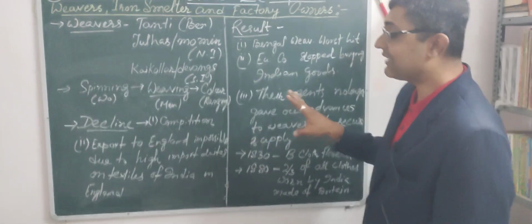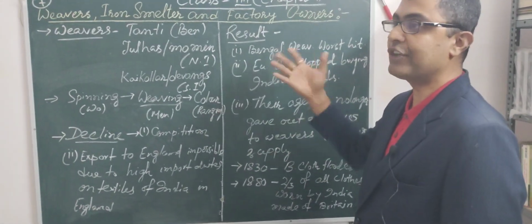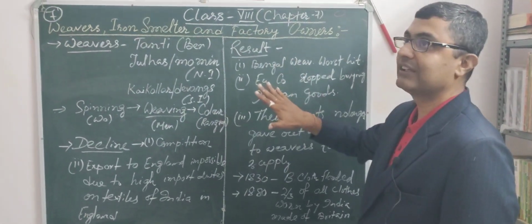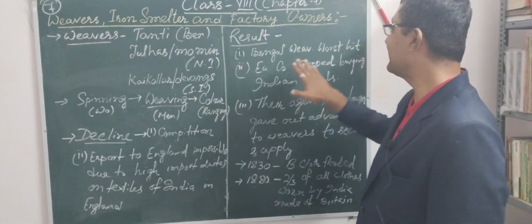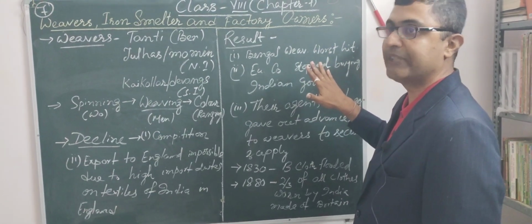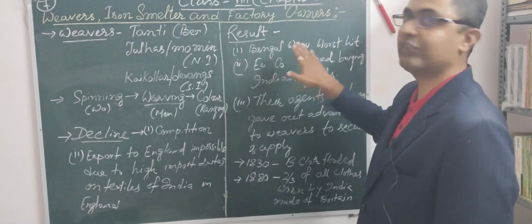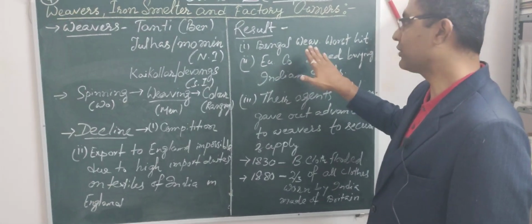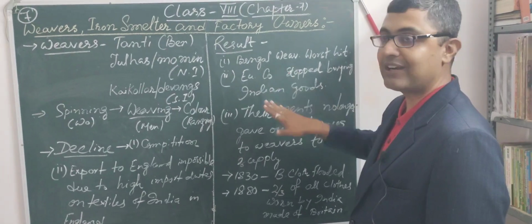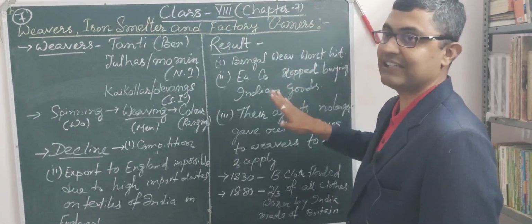Now, what were the results of this decline? First, the worst hit people were the Bengal weavers. The total destruction occurred in Bengal during that time.